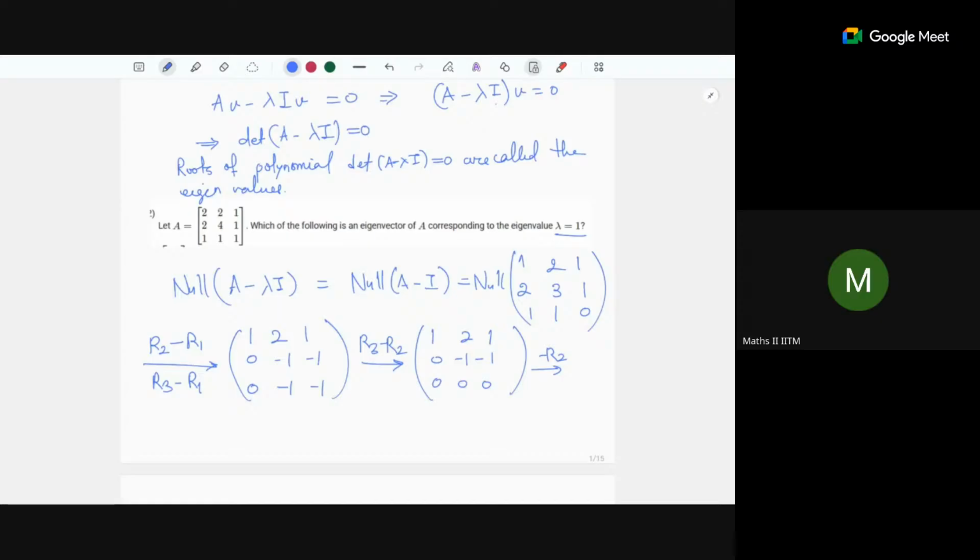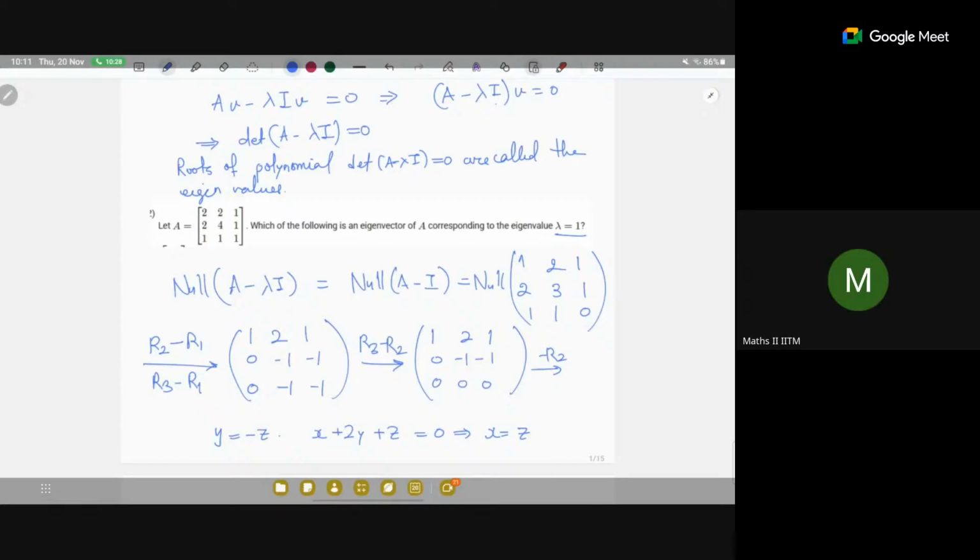First, let me express y in terms of z. So y is equal to minus z. And x plus 2y plus z is equal to 0, which implies that x is equal to z. So what will be the vector now?